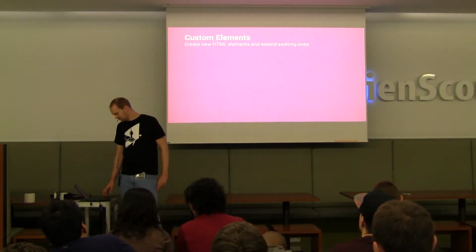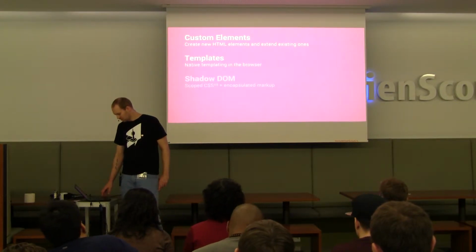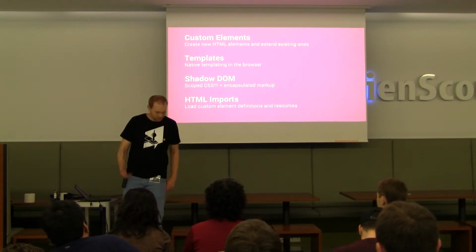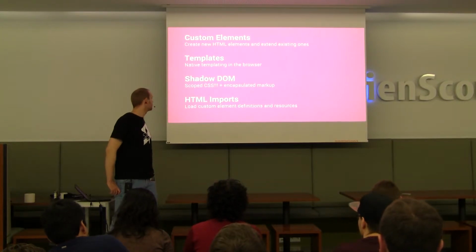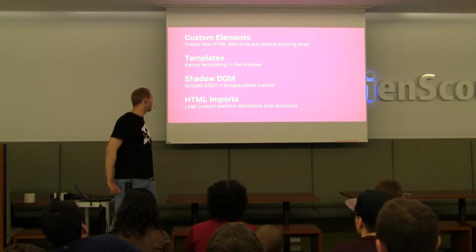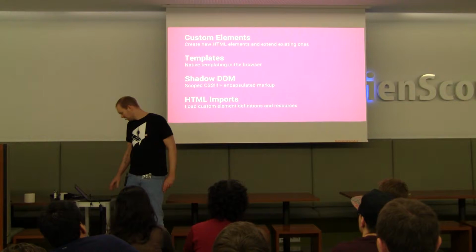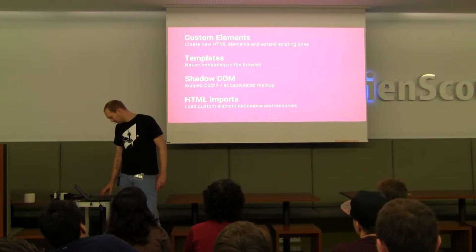So, to sum that up, these are the four basic tools for web components: custom elements, templates, shadow DOM, and HTML imports. And out of this, the result is you can work with web components.